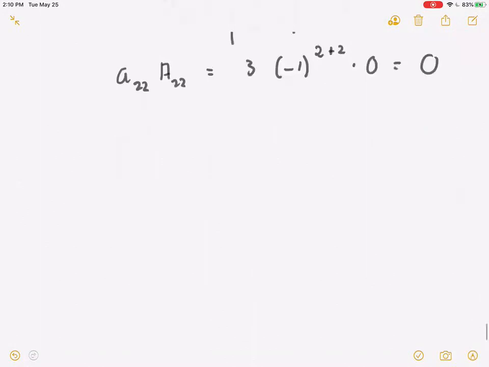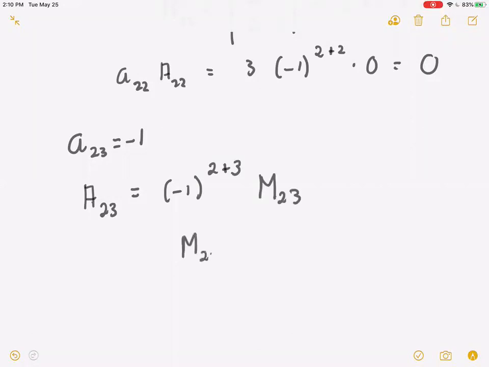Our third and final term, when we did the expansion of the determinant across the second row, we need to look at what A sub 2,3 is. By inspection, it's just -1. So we need the cofactor. The cofactor is -1 raised to the 2 plus 3 power times the minor M sub 2,3. And again, go back to the original coefficient matrix, kill the second row, the third column. You're left with a smaller matrix of order 2, and take its determinant. And that's exactly what you should get here.